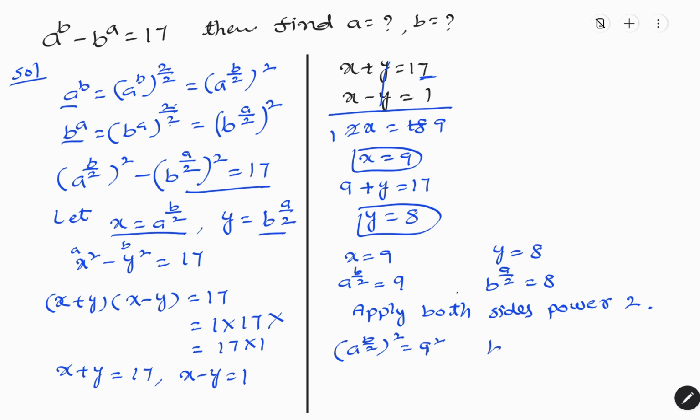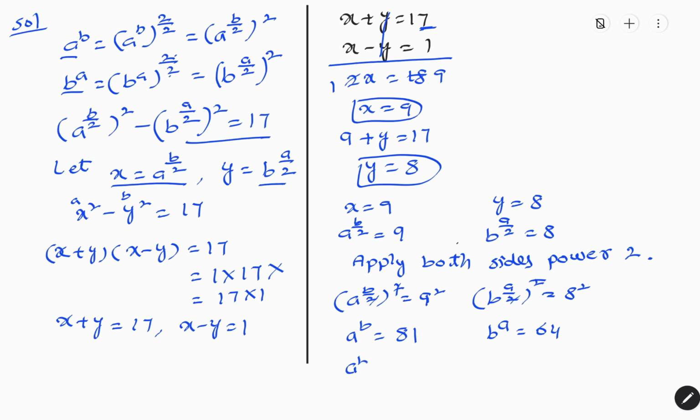Also b power a by 2 whole square is equal to 8 square. Now the square and the 2 cancel. So remaining a power b is equal to 81, and b to the power of a is equal to 64.